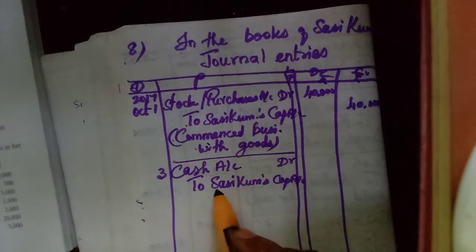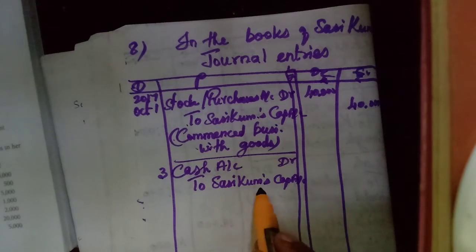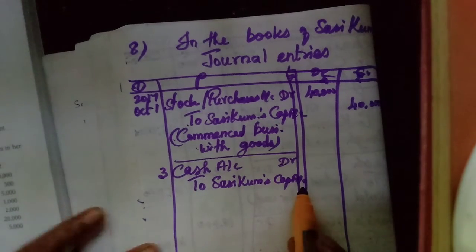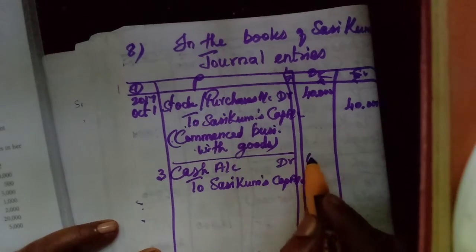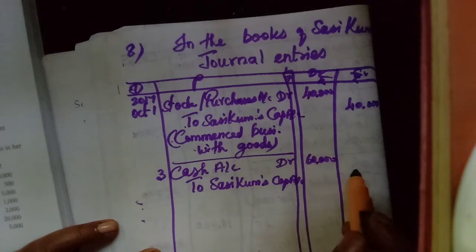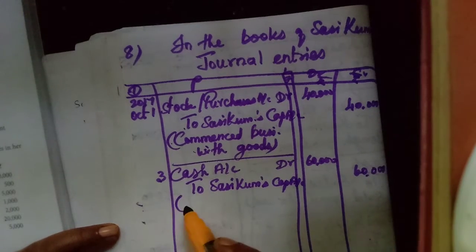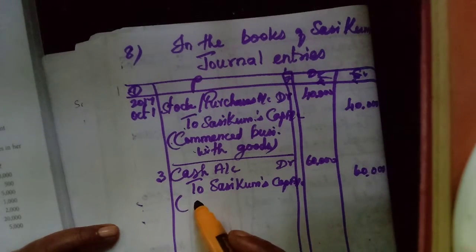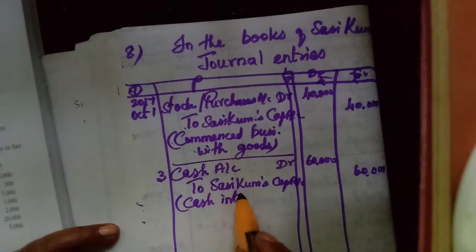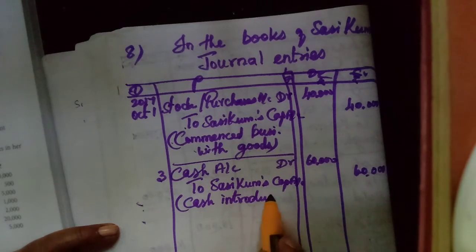In short I am writing, but you should write fully. Sasi Kumar's capital account 60,000. The narration: cash introduced in the business, or cash introduced.